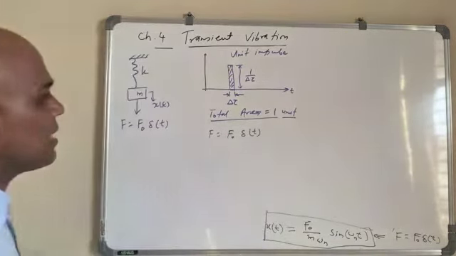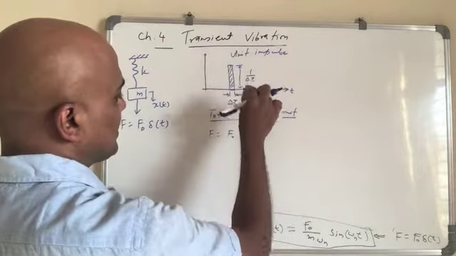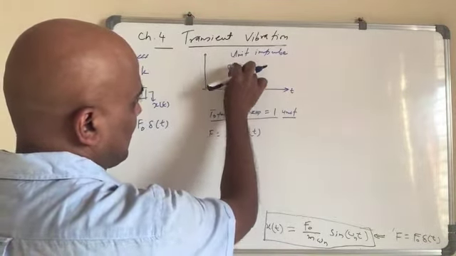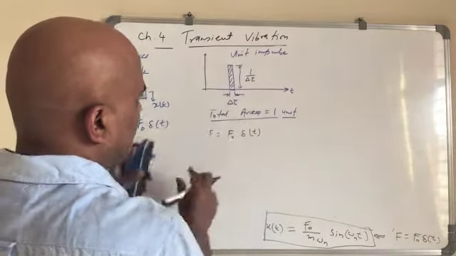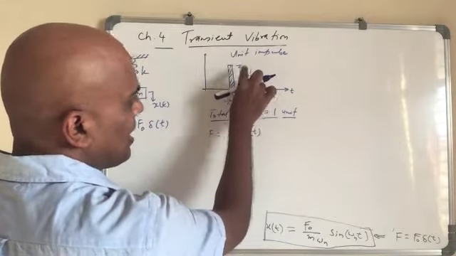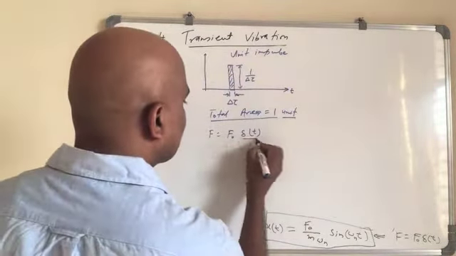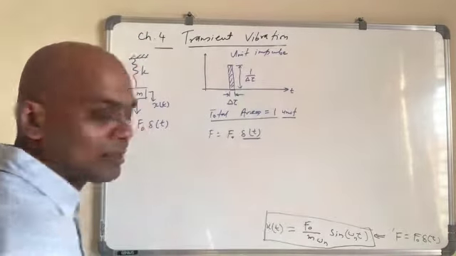Here, the meaning of delta t is a function which looks like this, whose width is delta tau and height is 1 over delta tau. Something like this.